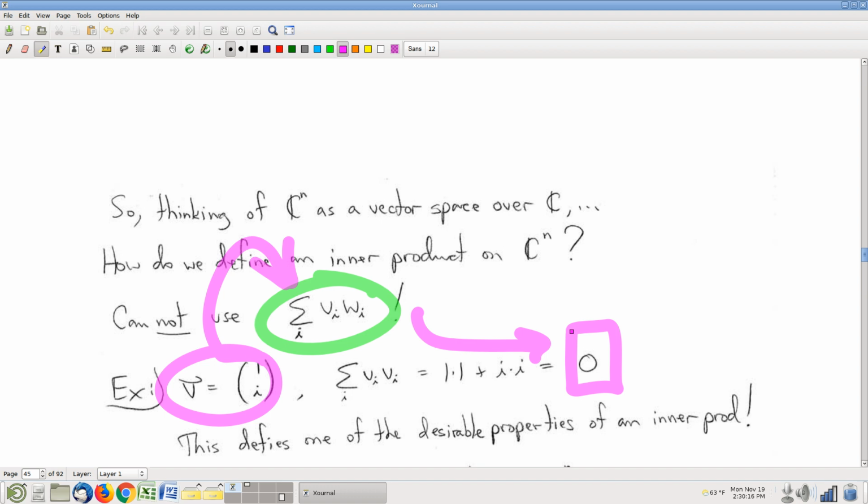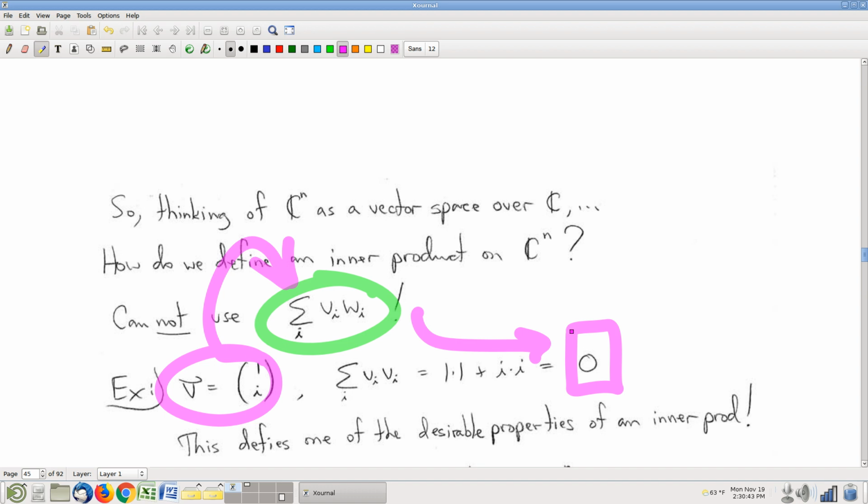And now this is very clearly a non-zero vector that's giving me a self-dot product of 0. This means that even the dot product doesn't behave like the dot product is supposed to behave when you're in Cn. Okay, so very bad.